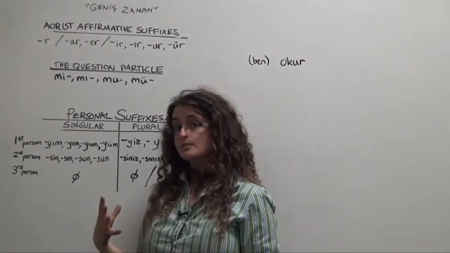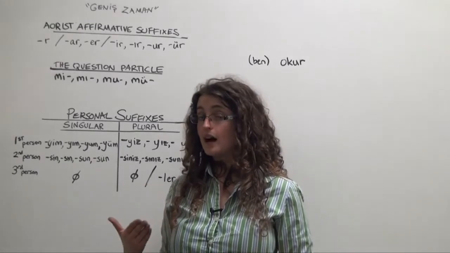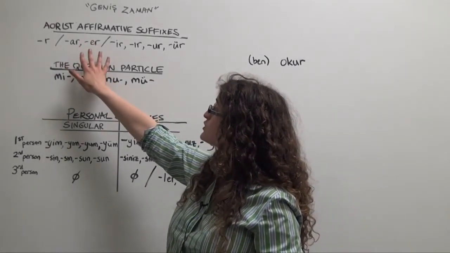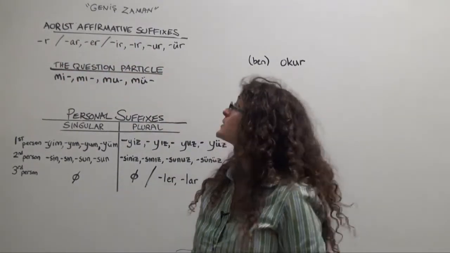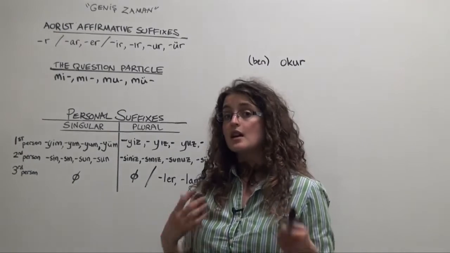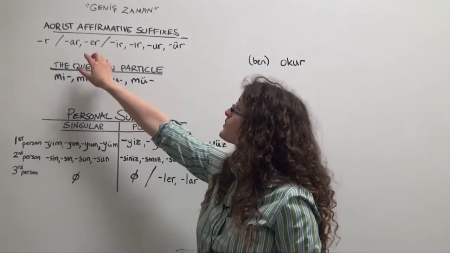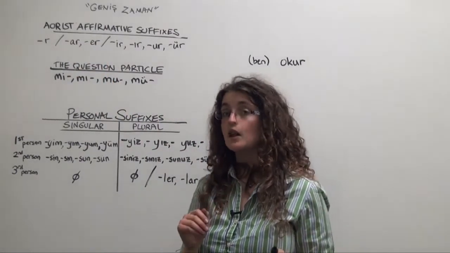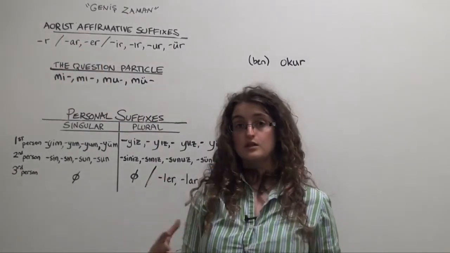For other verbs whose stems end in consonants, we're going to follow either the rules of two-way vowel harmony or four-way vowel harmony as we add our aorist affirmative suffix. Generally, with certain exceptions, verbs which have only one syllable and end in a consonant will choose either ar or er as their aorist affirmative suffix.